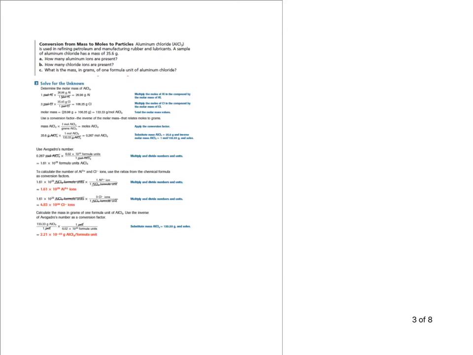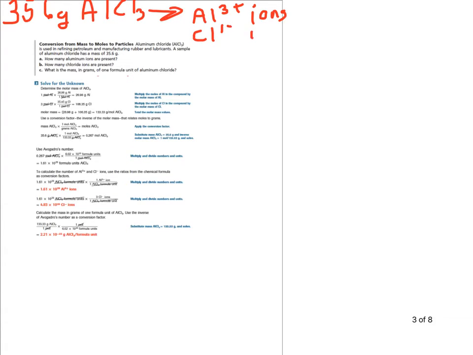then on page 338, we have a practice problem, example number 9, where we have 35.6 grams of aluminum chloride, and we want to change that into, for part A, aluminum ions, part B, chloride ions, and note the aluminum has a 3 plus charge because it was in group 13.